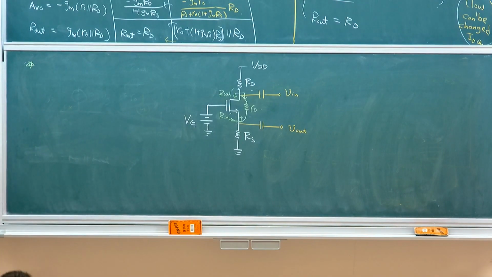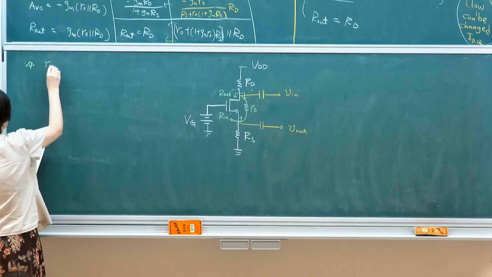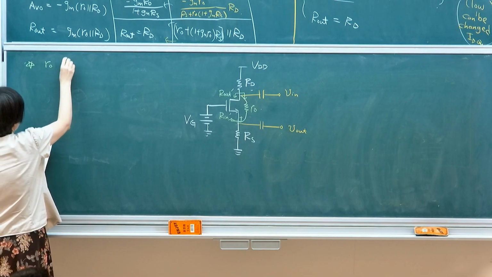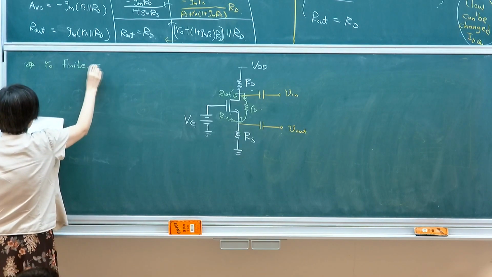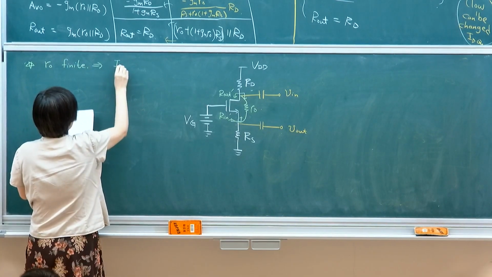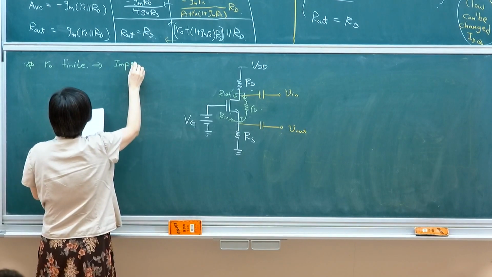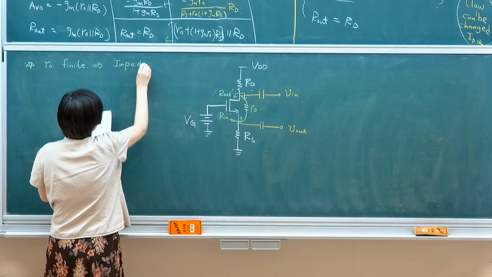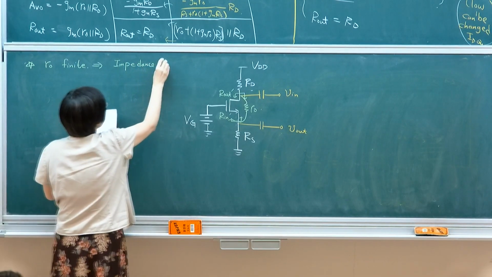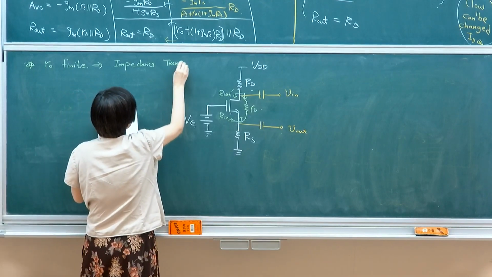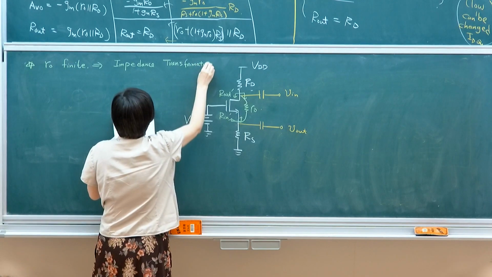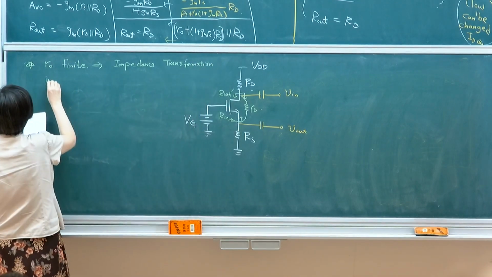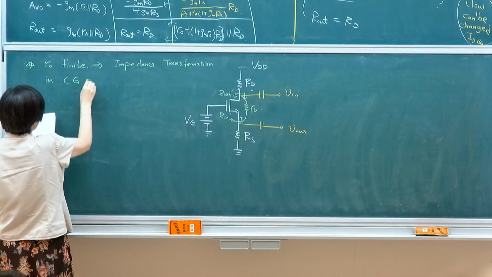We're going to look at the impact of impedance transformation. So for the common gate stage, if you include the effect of when we consider the output resistance to be finite, then it will lead to an impedance transformation in the common gate stage.